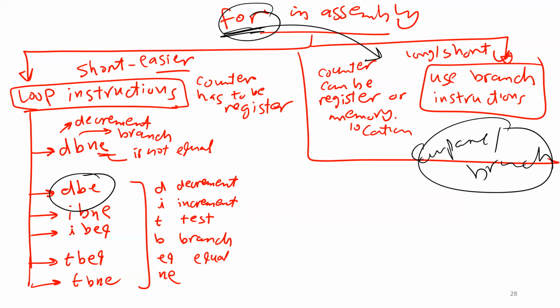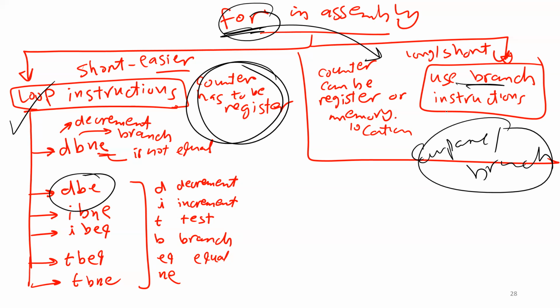The first problem here is the counter has to be a register. It cannot be a memory location. Why is this a problem? Simply because we don't have too many registers. If I use one register as a counter, I will need it later inside the body of the for loop.